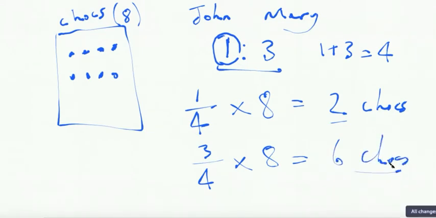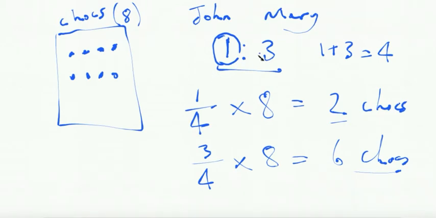So Mary's going to get 6. If we add the chocolates together, we get 8 chocolates. So we know that we are doing things correctly. So that's one example of using ratios to work out how much each person's going to get.